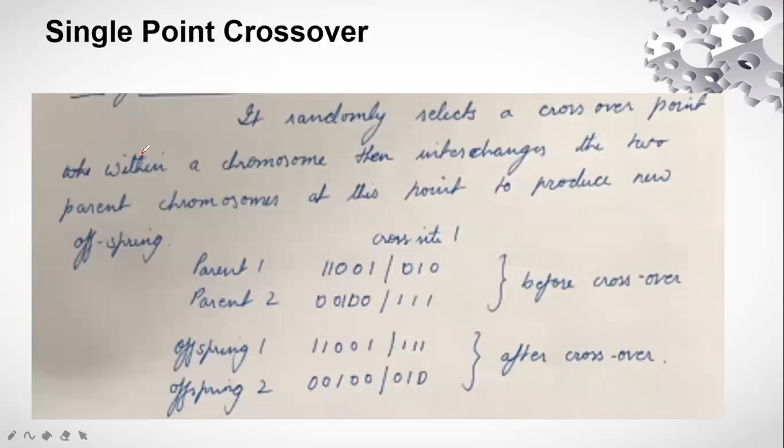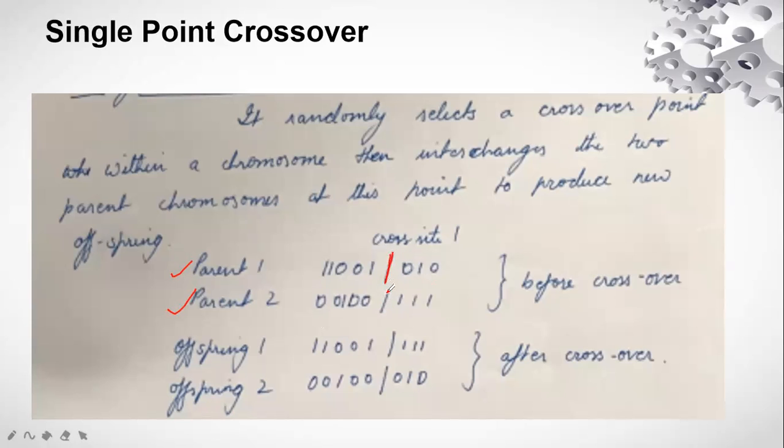So let's see. First one is the single point crossover. In this, the first step is that we have selected the parents, right? Now what we have to do is randomly select a cross site. So in this string, I have selected this particular cross site, let's say.